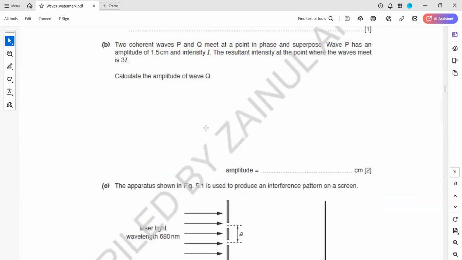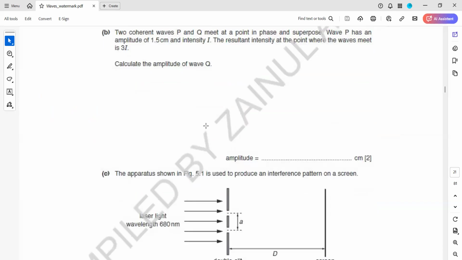Two coherent waves P and Q meet at a point in phase and superpose. The wave P has an amplitude of 1.5 centimeters and intensity I. The resultant intensity at a point where the waves meet is 3I.